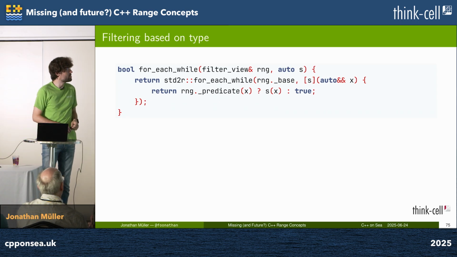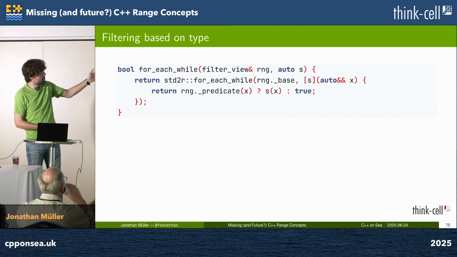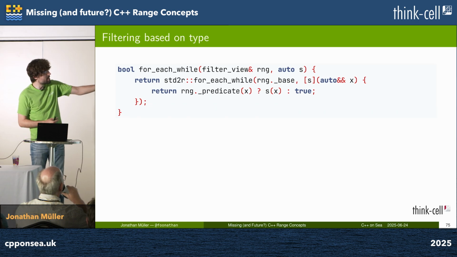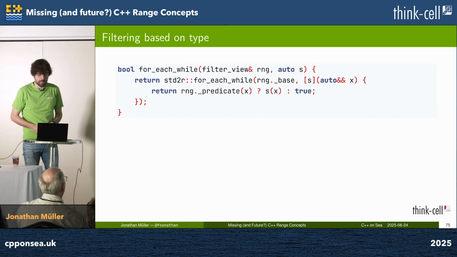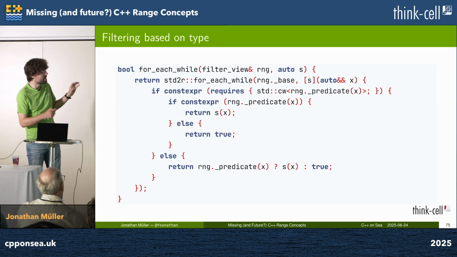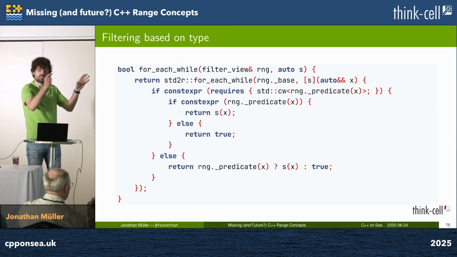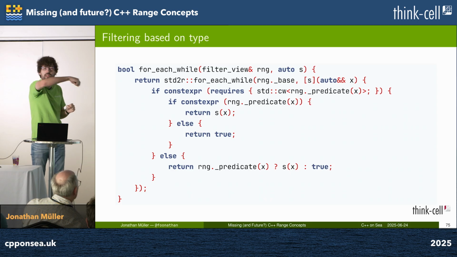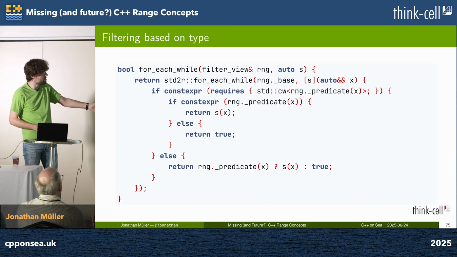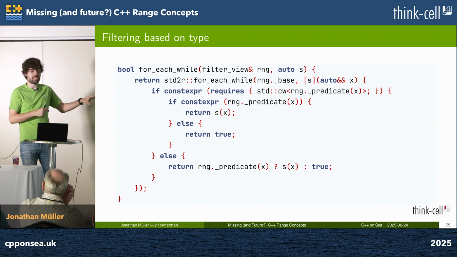Other cool stuff we can do: filter view. This is the for_each_while implementation of filter view. It calls for_each_while on the base, but then skips some elements by not passing them on to the sink. But because we now have different types, we can do stuff like checking whether the predicate is one of those compile-time expressions that doesn't actually require the runtime value of the element. Then we can skip in constexpr code, and so filter based on type information.